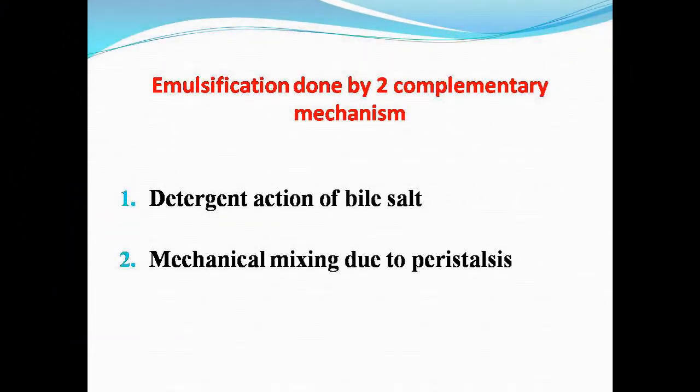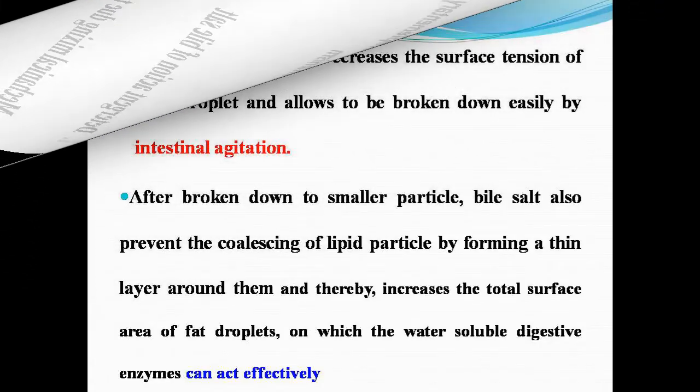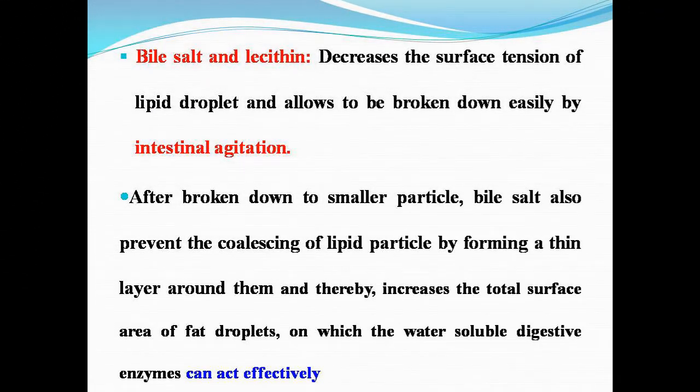Emulsification is done by mainly two complementary mechanisms. One is detergent action of bile salt and another one is mechanical mixing due to peristalsis. First of all, the emulsifying agents of bile, that are bile salts and lecithin, which is a phospholipid, decrease the surface tension of lipid droplet and allow the lipid droplet to be broken down easily by intestinal agitation or intestinal movement.